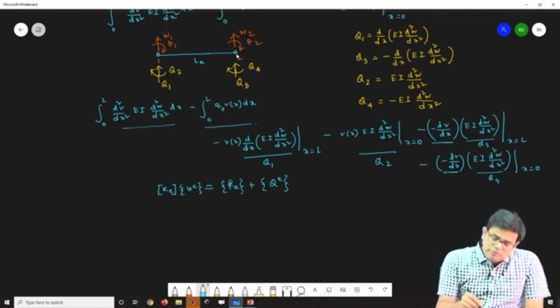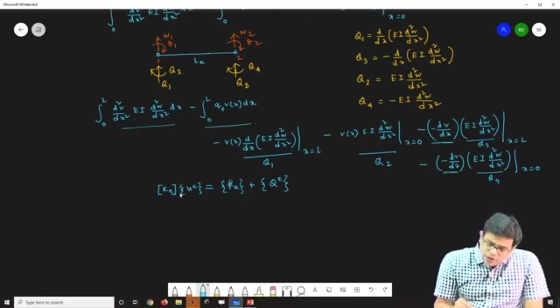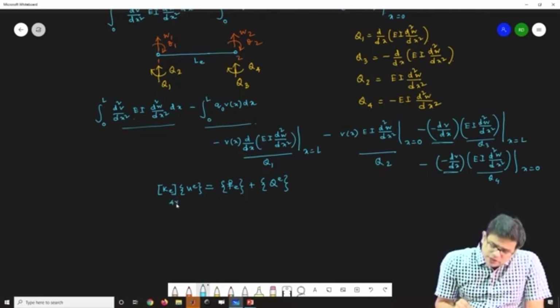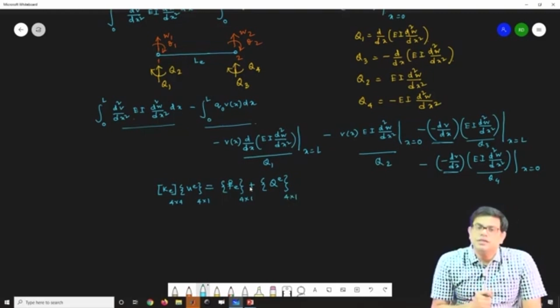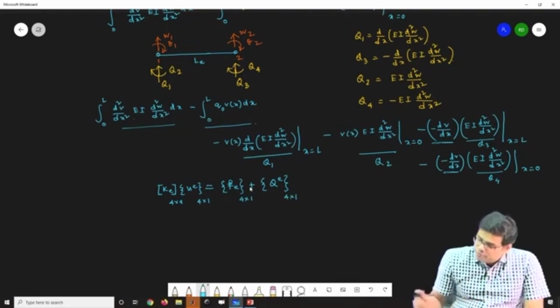We have 4 degrees of freedom, so my stiffness matrix will be 4 cross 4, and the other quantities will be 4 cross 1. This is the standard model that we discussed in the case of a bar.